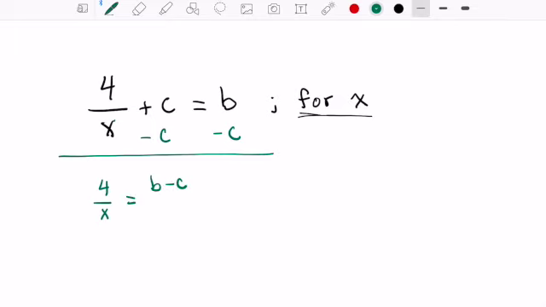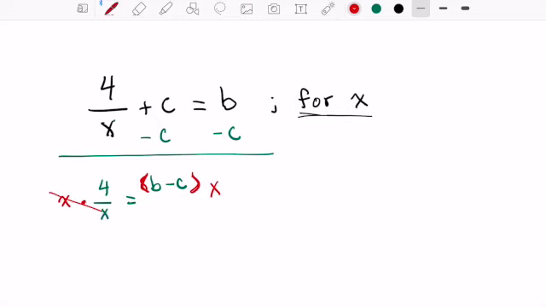And then I want to solve for x, so my next step is to multiply both sides by x. Now, when I do this, I want to put my b minus c in parentheses because we are multiplying everything on this side of the equation by x. So I need to make sure that I keep those things together utilizing my parentheses.